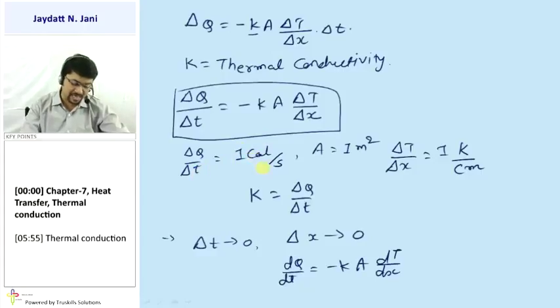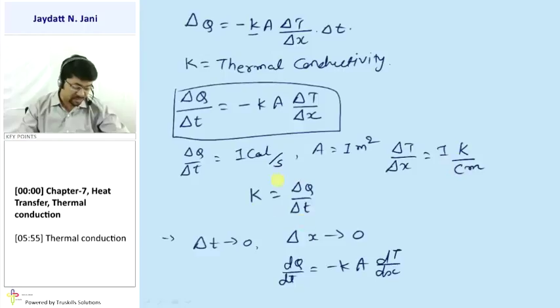Area I can say is 1 meter square. Delta T by delta x is 1 Kelvin per centimeter. So I can write that small k is known as thermal conductivity, which is equivalent to delta Q by delta t.